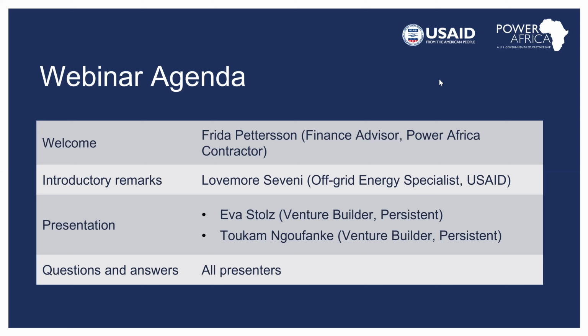It has 12 other US government agencies, 19 development partners, and we also work with over 150 companies and investors in the private sector, which is, I think, where most of you are coming from.